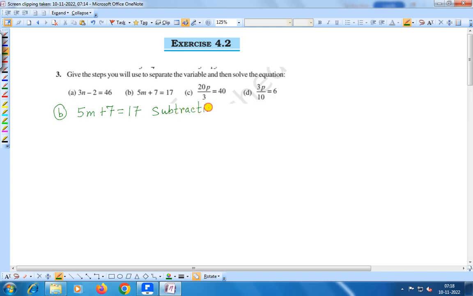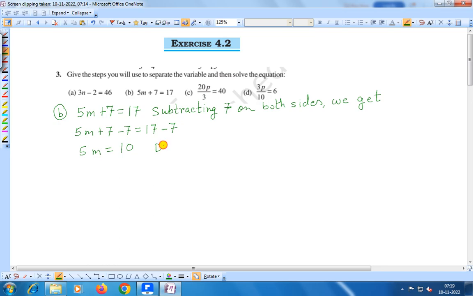Subtracting 7 on both sides, we get 5m plus 7 minus 7 is equal to 17 minus 7. That is 5m is equal to 10, since plus and minus 7 is 0 and 17 minus 7 is 10.